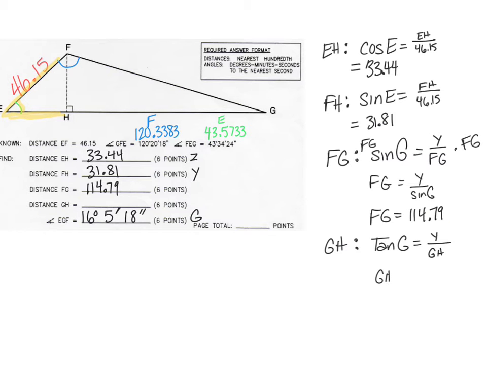So GH is going to equal Y divided by tangent of G. So in my calculator I get 110-ish, and it's 110.29 is what that would round to, and then I am done with this problem.